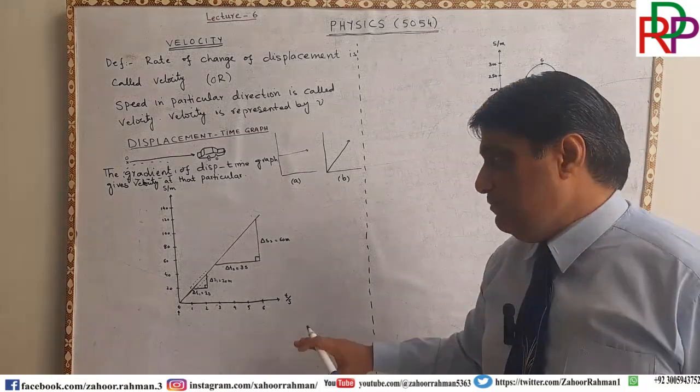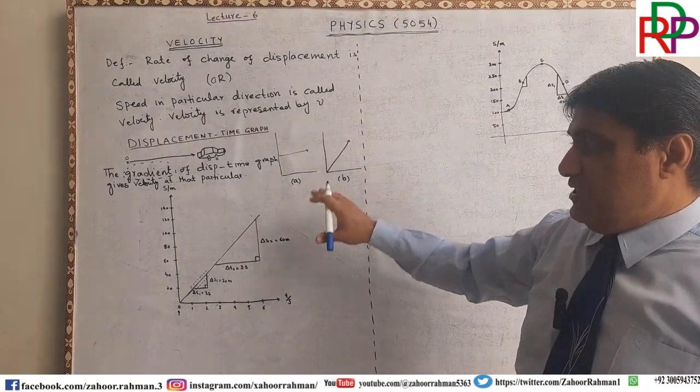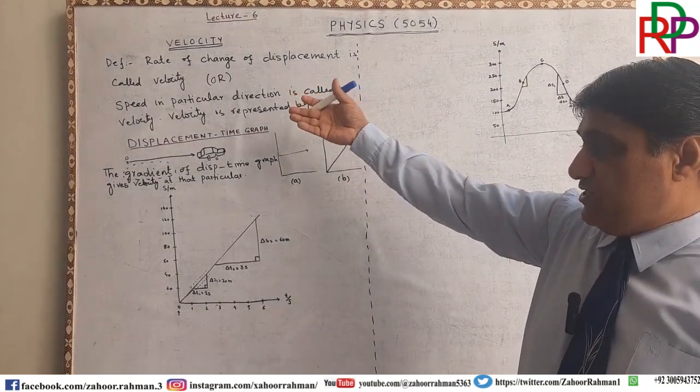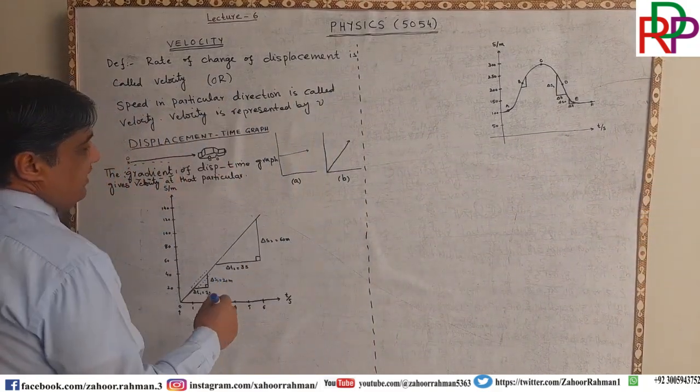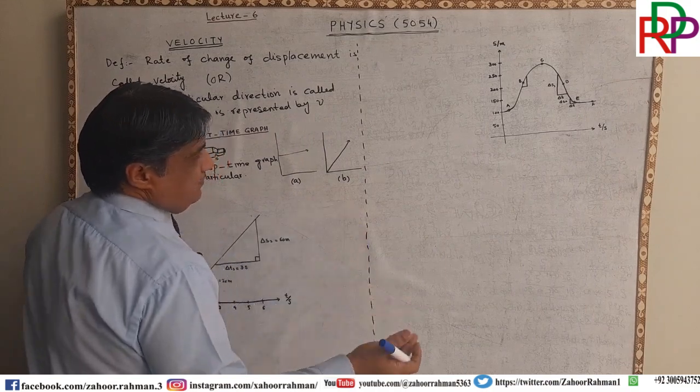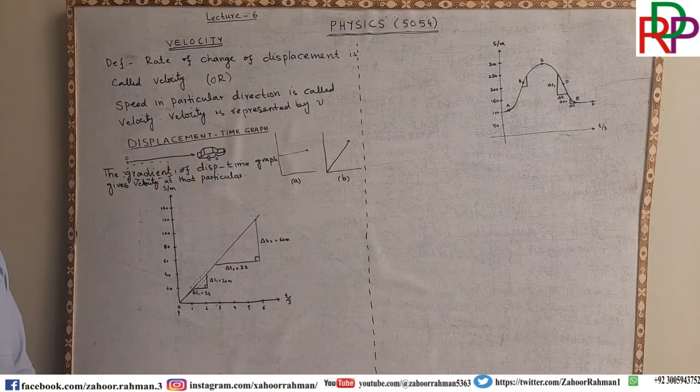But for the time being, because this relates to this topic, we say gradient is called rise divide by run.